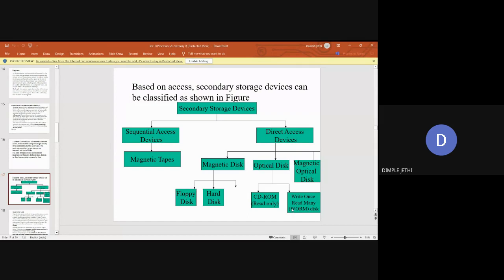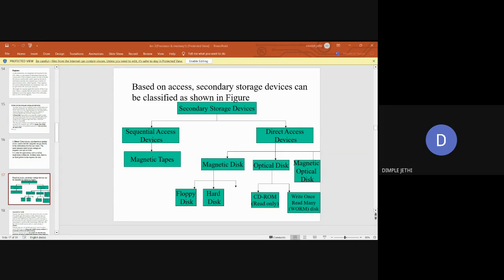What do you mean by sequential access and direct access? Sequential means that when you have so many records in the device, you have to access all the records sequentially, one by one only. Like if you have 100 records and you have to read the 80th record, you cannot go directly to that 80th record.